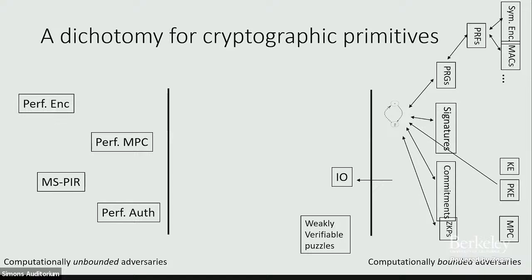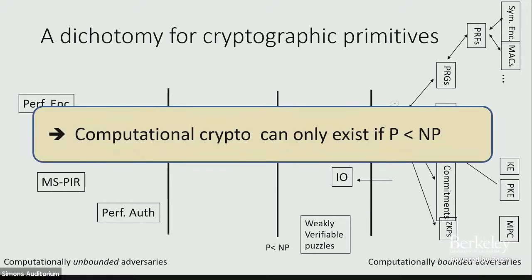Well, maybe CAPTCHAs are useful anymore or not, it's questionable. But the mathematical concept is interesting. And anyway, everything that we know how to do in computational crypto always needs P is not equal to NP. So we thought, or we think. So this is the state of the world.